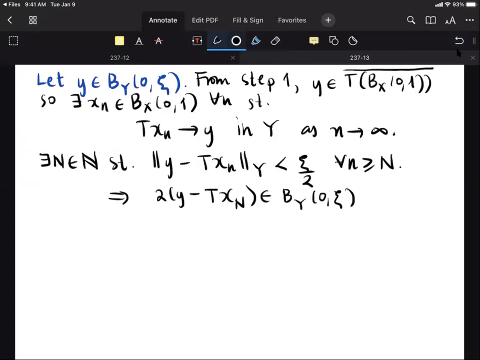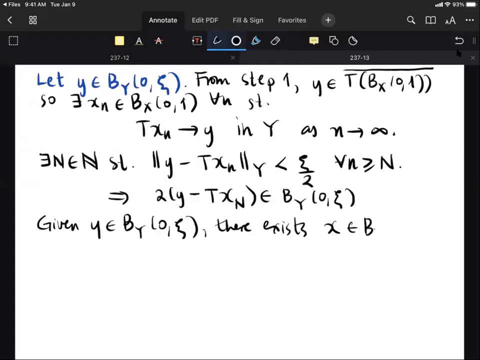Given a y, there exists an x, namely x of n, in the unit ball such that 2y minus t of x is in the same open ball.